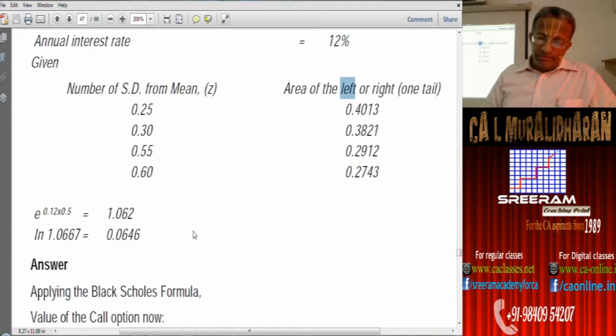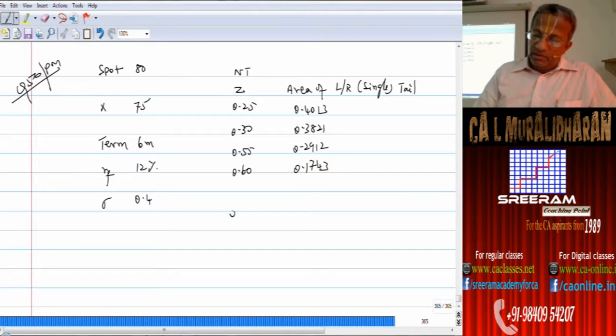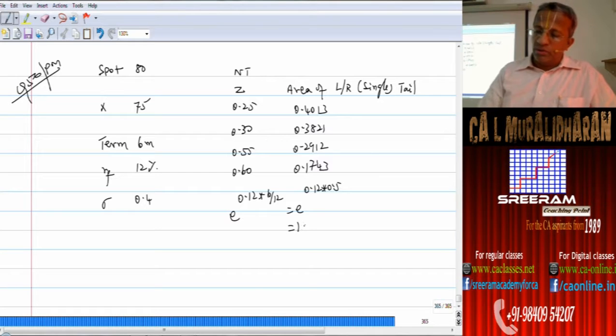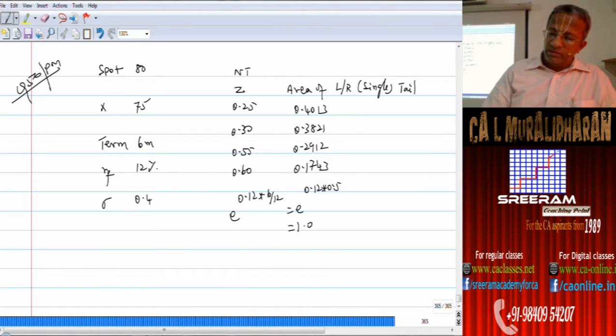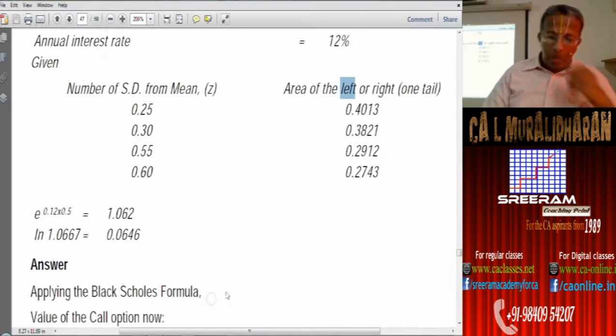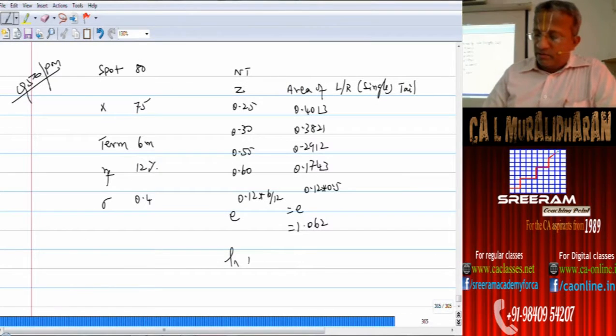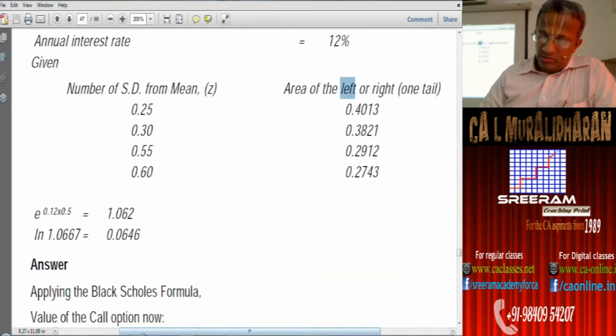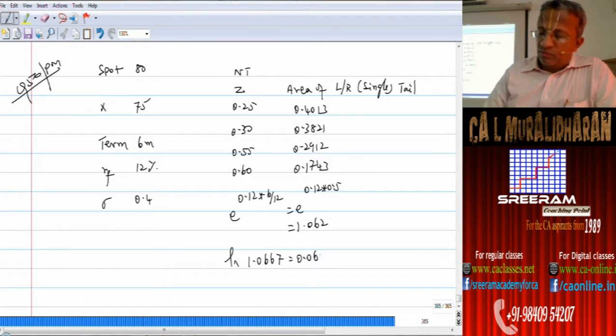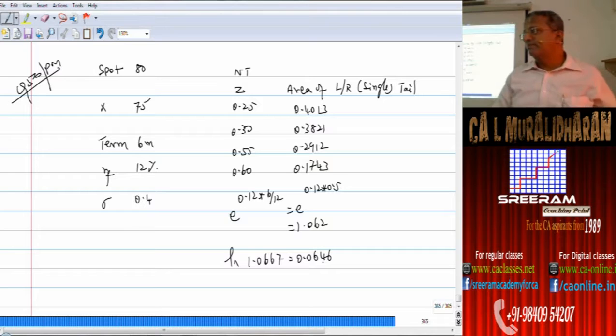E raised to 0.12 into 6 by 12 is what they have written. E raised to 0.12 into 0.5 is equal to 1.062 and natural log of 1.0667 is equal to 0.0646. These are the inputs that you have.